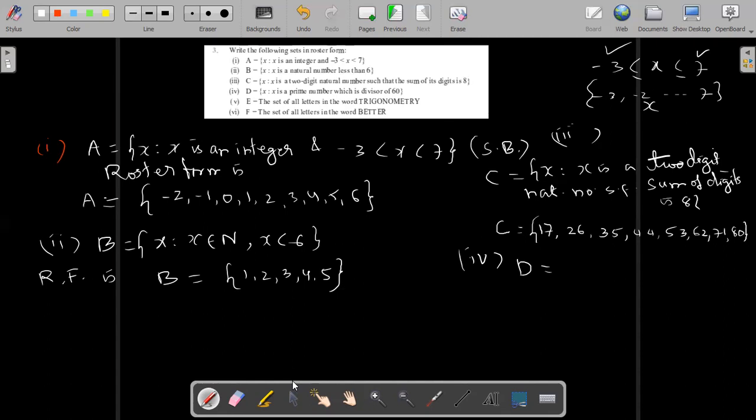So the prime divisors of 60 are 2, 3 and 5. There are other divisors also, but the prime divisors are only 2, 3 and 5.